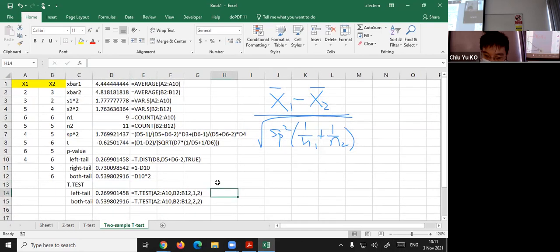So you can see the same answer here, these two tell the same. So that is how you get your two sample t-test.